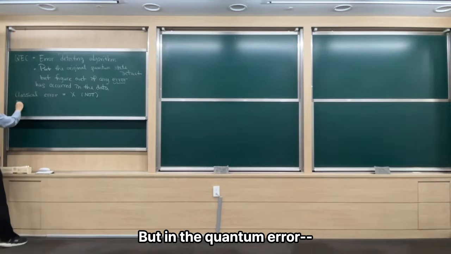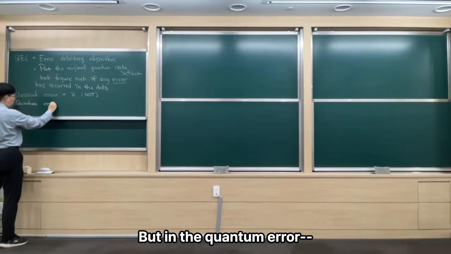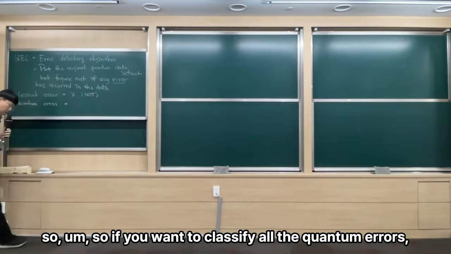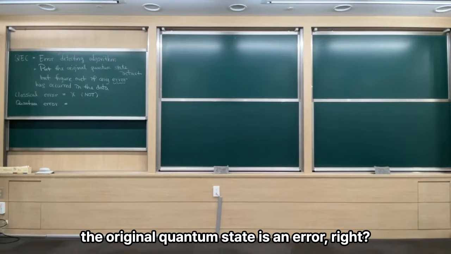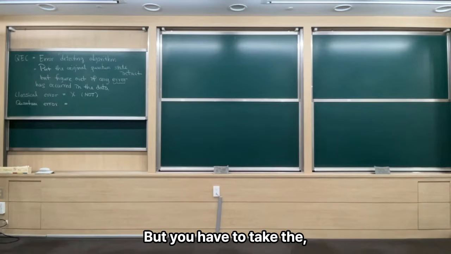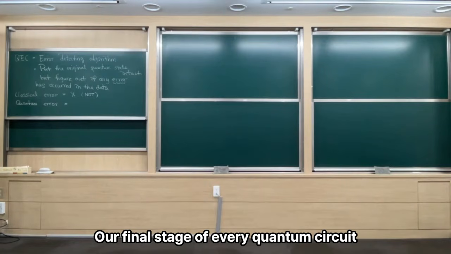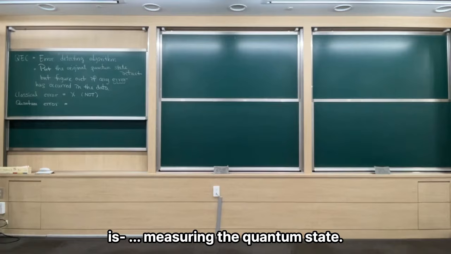But in quantum errors, if you want to classify all the quantum errors, there are infinitely many, because anything that changes the original quantum state is an error, right? But you have to take the final result. The final stage of every quantum circuit is measuring the quantum state.